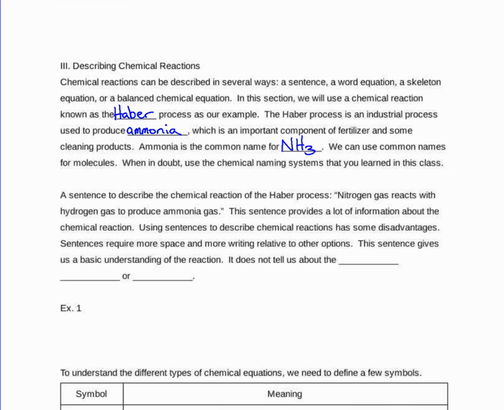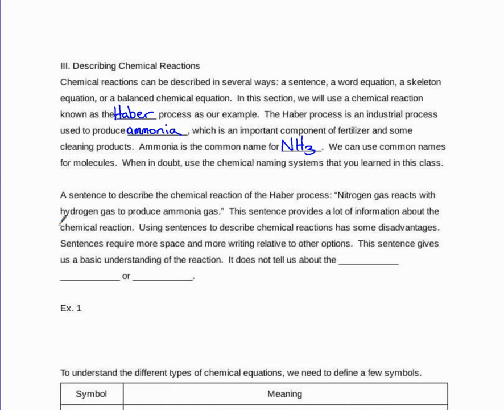So here's a sentence to describe the chemical reaction of the Haber process. Nitrogen gas reacts with hydrogen gas to produce ammonia gas. It provides a lot of information about the chemical reaction. For instance, nitrogen reacts with hydrogen.